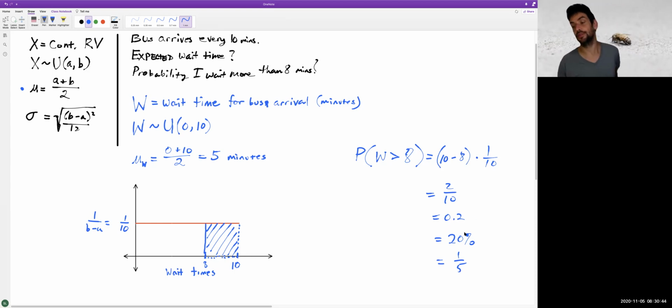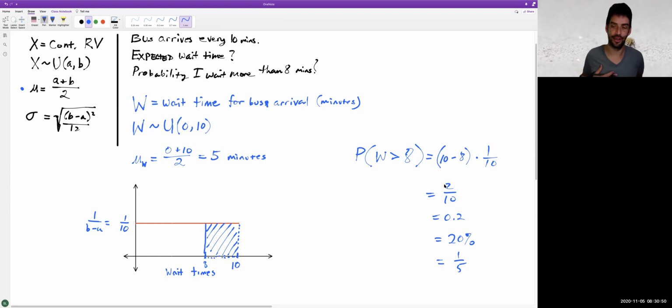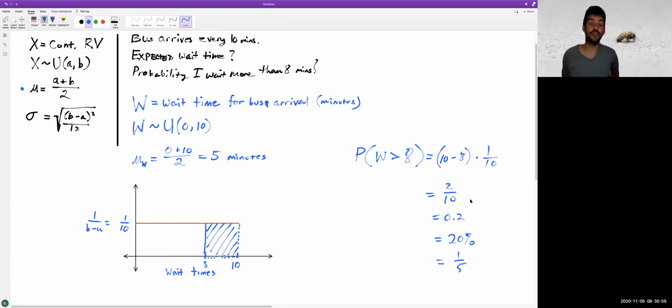Some of us like decimals. Some of us like percentages. I'm not one of those people. I wish percentages never existed, but people like them, so we have to use them. Anyways, those are all the same number, just different ways to write it down, and any of them are acceptable. So we have a 20% chance of having to wait more than 8 minutes, or in other words, between 8 and 10 minutes, and we see that from the area there.